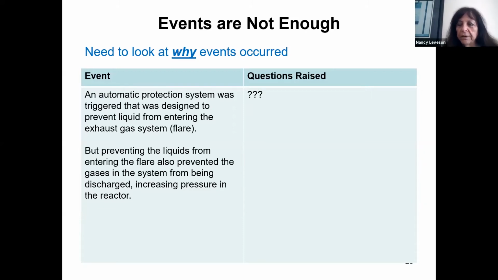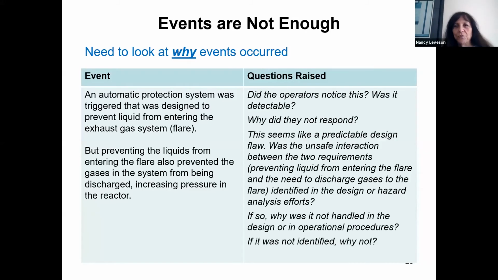There's just no easy way to do this that's time efficient. So I'm going to show you what some of the questions might be. Did the operators notice this? Was it detectable at all? Why didn't they respond when they saw that the gases weren't going into the flare tower?